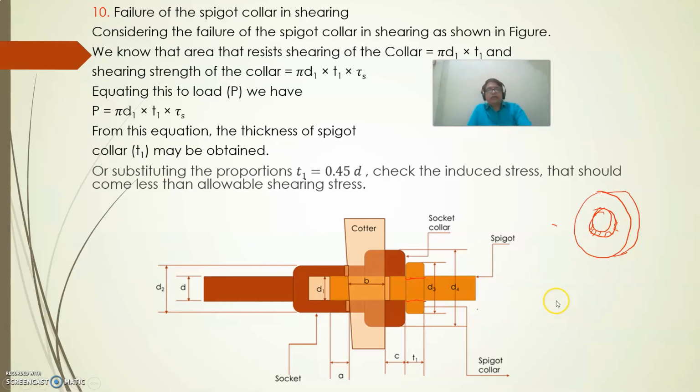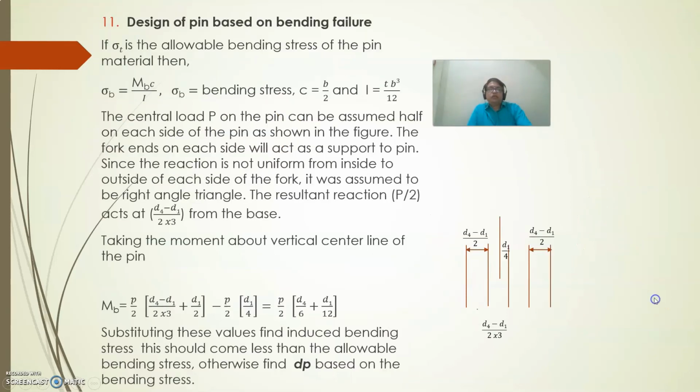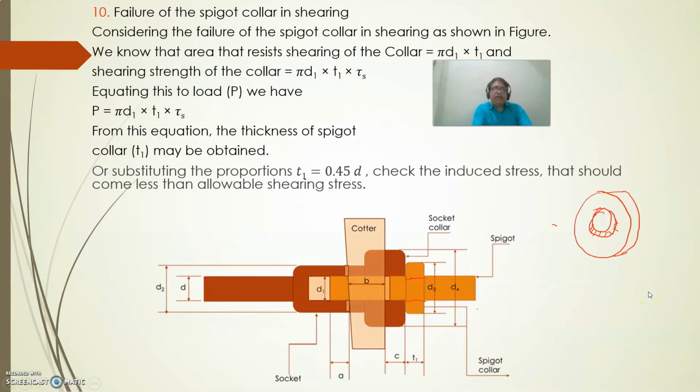So I can get it if d1 is the diameter. In that case, this will come out as a ring. So if d1 is the diameter, pi d1 is the distance of this, and this length is say equal to t1.